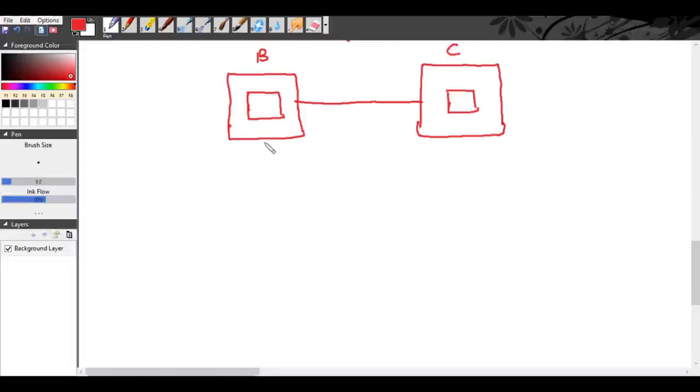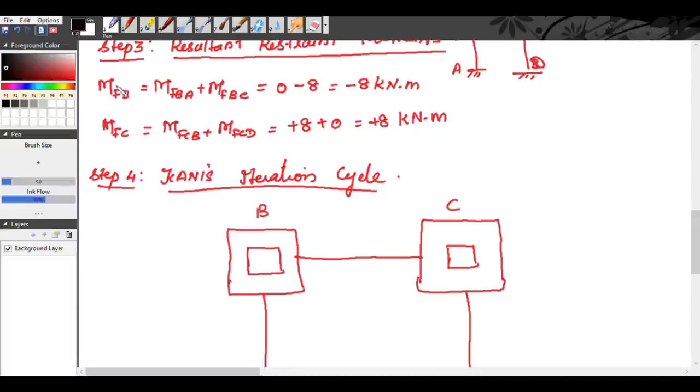Then here we have A, and here we have D. Now inside the smaller box we have to write the restrained end moments. So at B it is -8, at C it is +8.